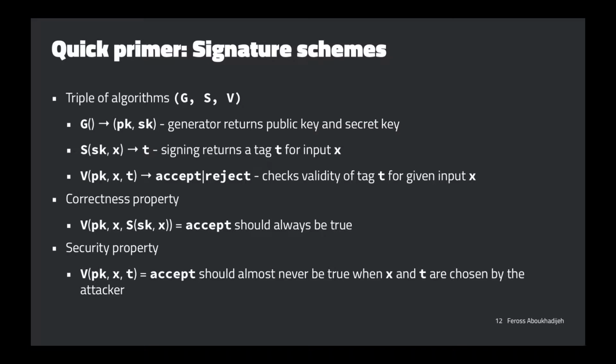So you either change the X or change the T, and you try to verify it, and accept should almost never be true. It's not never going to be true. There's some probability in here, but it should be really, really rare that it will ever be wrong. In other words, it's computationally hard. Somebody would have to try for a really long time to find a T and an X that would fool this function.